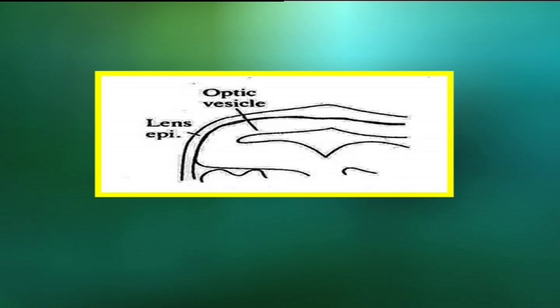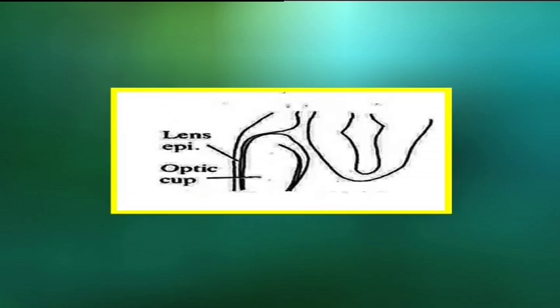The development of eyes starts with the evagination of a pair of sac-like optic vesicles from the lateral walls of the forebrain. The external surface of the optic vesicle now compresses and invaginates inside, so that the vesicle is changed into a double-walled cup-like structure, the optic cup.